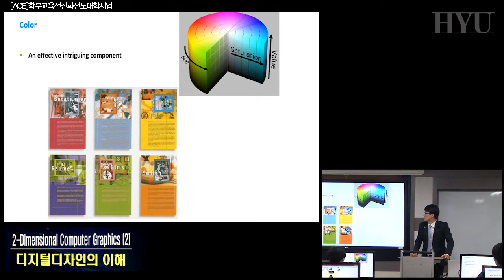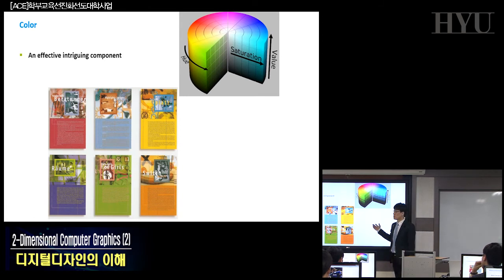The last one is color. Actually, we're not going to deal with some deeper issues about color system or color code, color convention, and so on. But anyway, no need to say more about the importance of colors, the effect of colors.